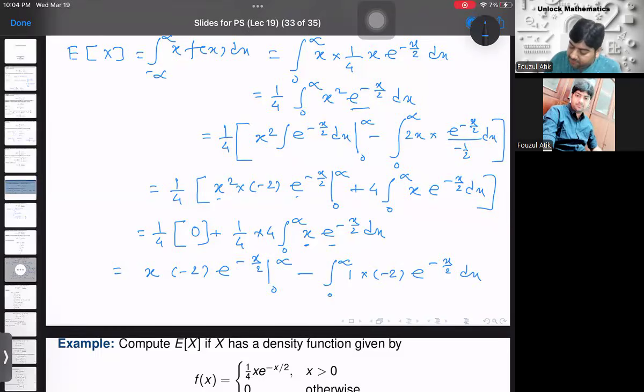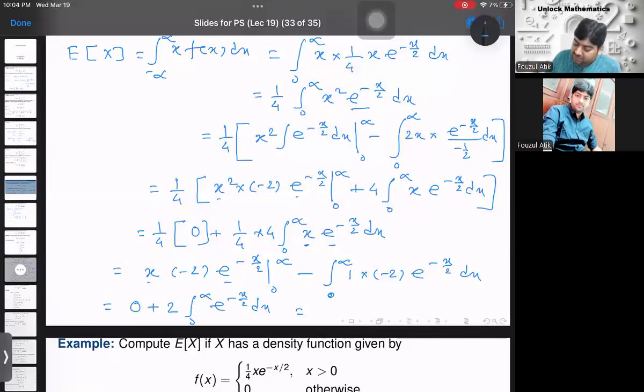Now if I put x equal to infinity, this value will give you 0, and if I put the limit 0, this value will also give you 0. So this integration value is 0, and this will become plus 2 into the integral from 0 to infinity of e to the power minus x by 2 dx.